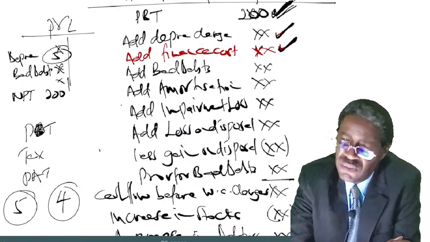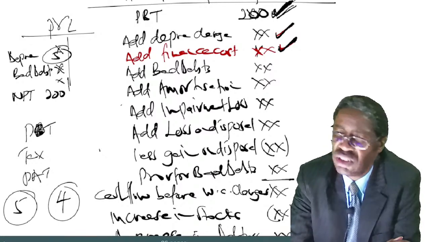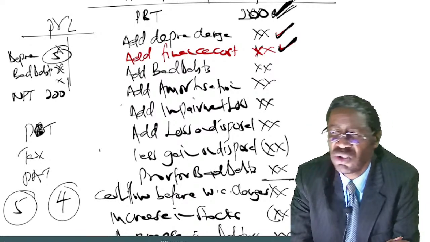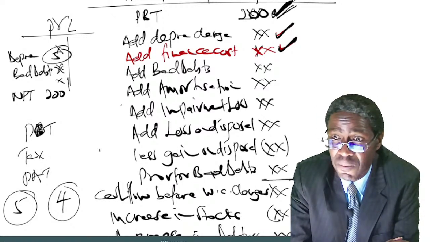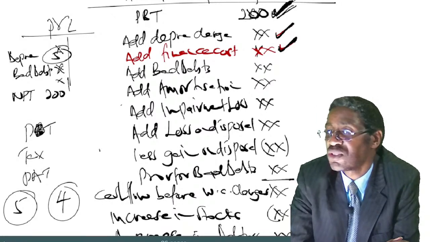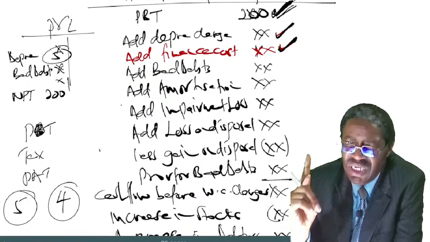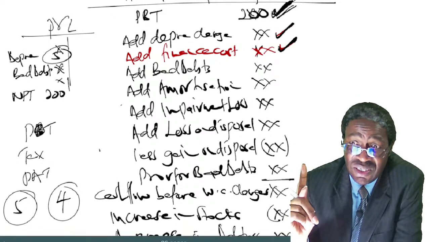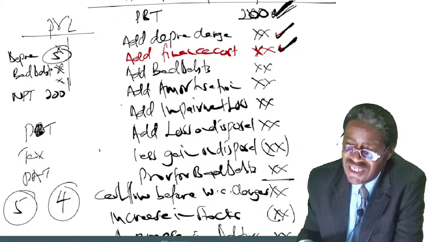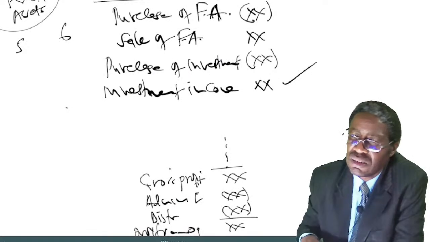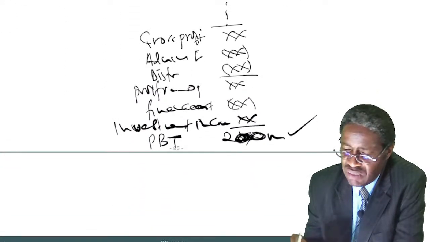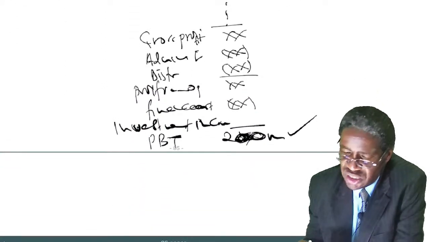Finance cost, depreciation, amortization, impairment, loss on disposal, gain on disposal, provision for bad debts, and so on. Listen. Now, to get the same 200 million, they added that investment income. Let us assume it is 10 million.